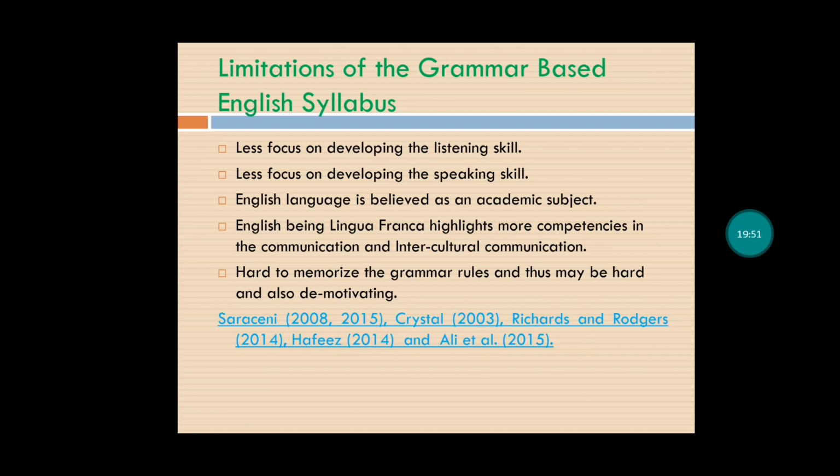These two natural skills of listening and speaking are ignored and not encouraged, at least in grammar-based English syllabuses. English is treated as an academic subject, not as a functional, communicative and interactive tool to be used among people.